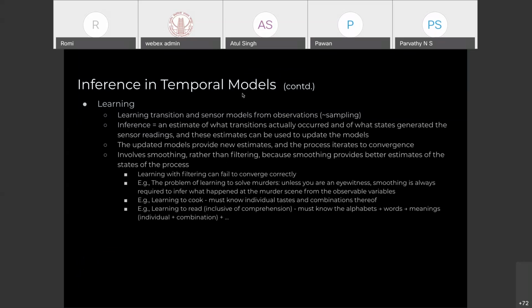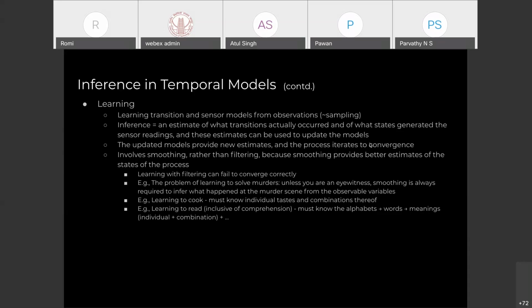So now we have our transition models, we have our sensory models, and we want to learn from them. We want to learn from our observations as well, which is our sampling. We want to arrive at inferences, an estimate of what transitions actually occurred and of what states generated these kinds of sensor readings, and then these estimates can be used to update the model.